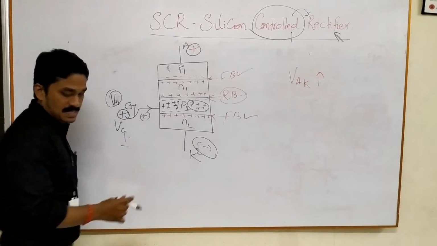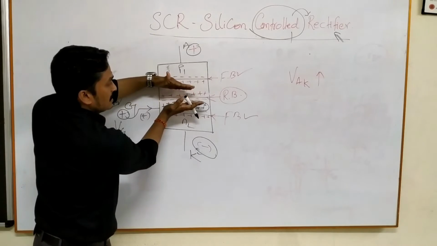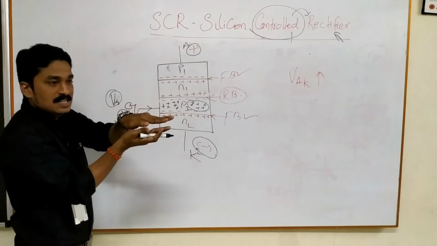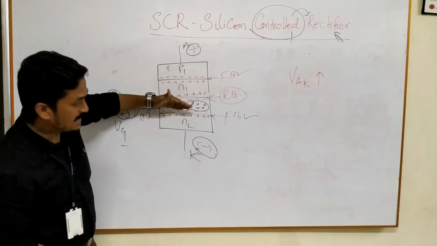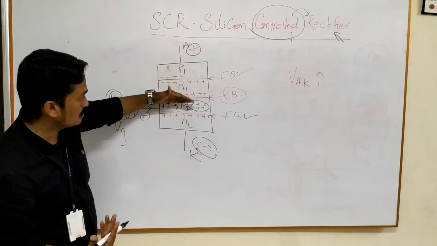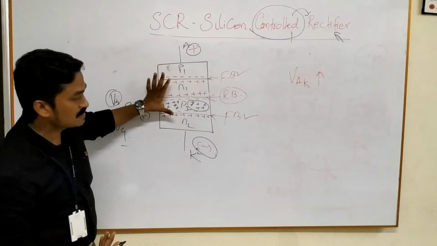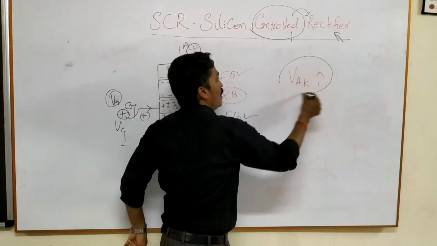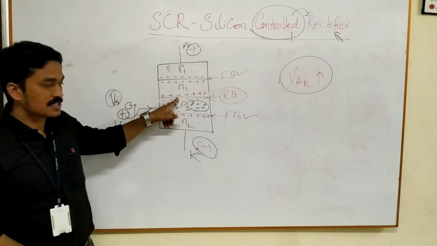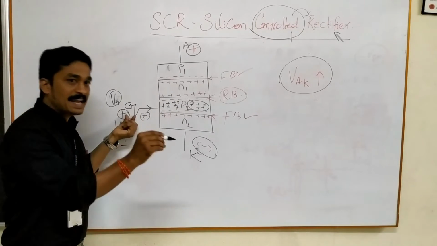Then the junction is again getting increased, which means the reverse bias condition. The depletion layer is increasing because the holes are depleted, which means there is a deficiency of holes. So the holes move to this side, and automatically the depletion layer is increasing. Initially, we needed a large VAK to break this junction, but now we apply extra force from the gate.